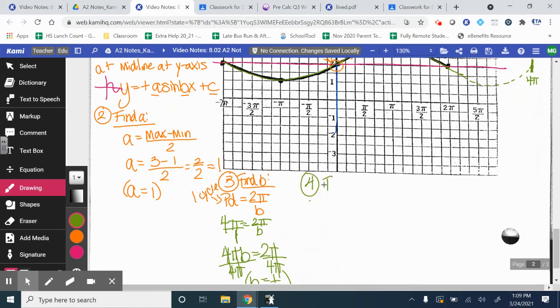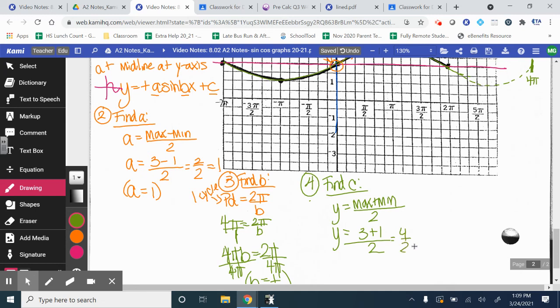Step 4, we found A, we found B. Now you're going to find C, which is your midline. Pause your video, find C, and then write out your equation. So y for our equation here is equal to the max plus the min. Midline is the middle, so that's the average of your max and your min. Our maximum is at 3, and our minimum is at 1.